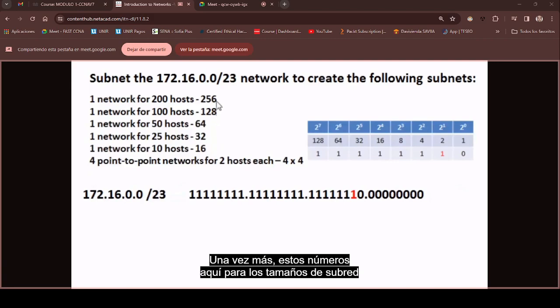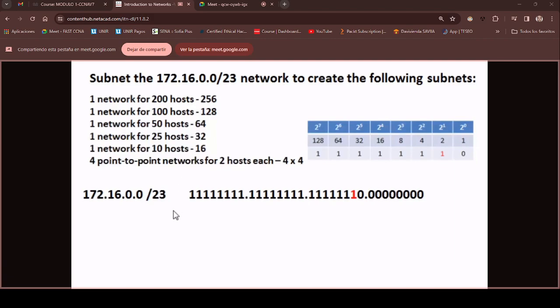Once again, these numbers here for the subnet sizes that we'll create do not reflect the usable host addresses, but the total number of addresses in the host portion of the subnet ranges, including the network address and the broadcast address. So let's get started subnetting this network using VLSM, variable length subnet masks, and working from largest subnets to smallest subnets in order to create all of the subnets required.